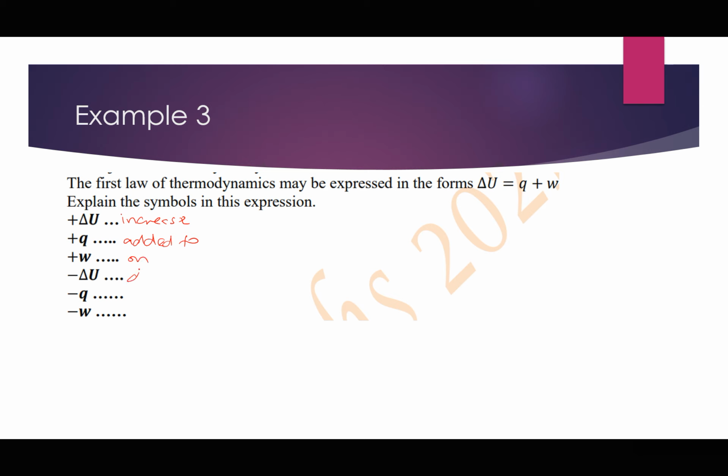Negative is a decrease in internal energy. Negative Q is heat released or given out by the system, and negative W is work done by the system. That is the sign convention, and you should make it a part of you if you always want to pass these questions.